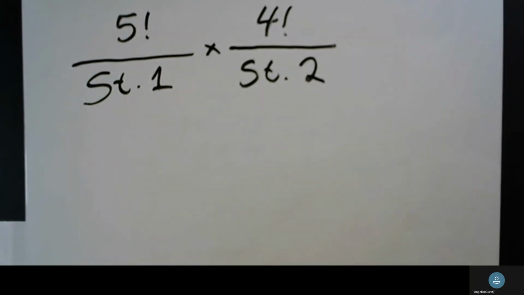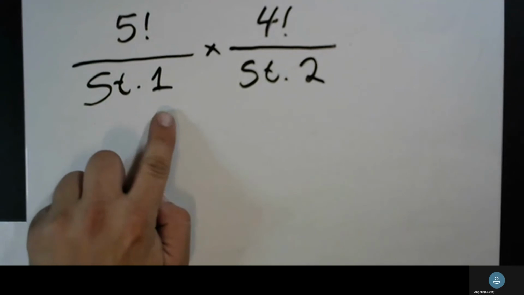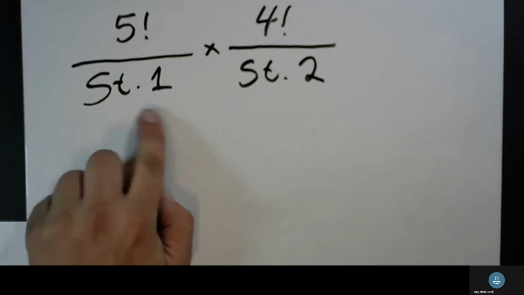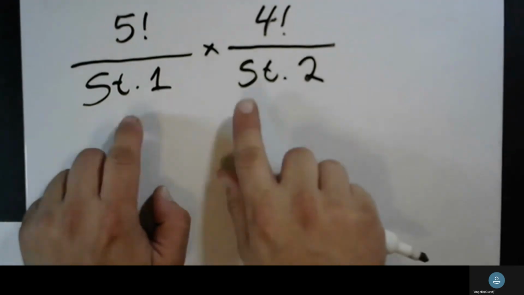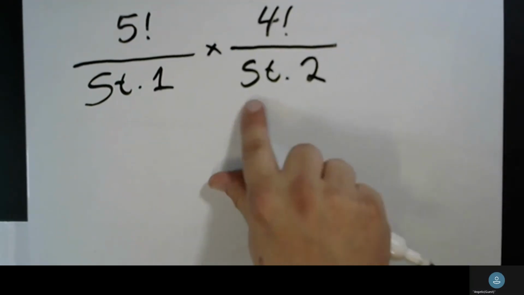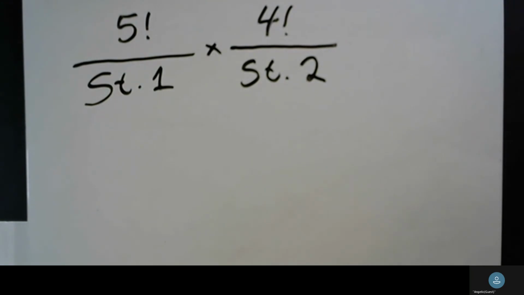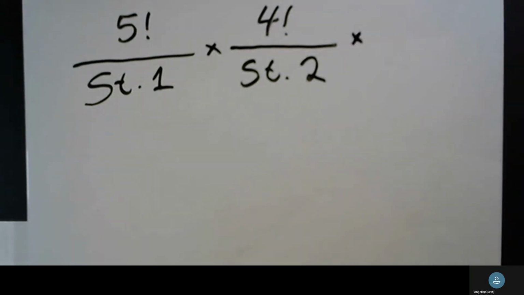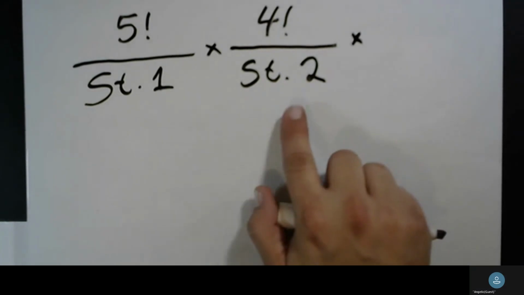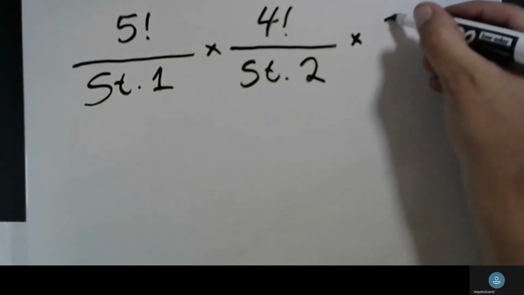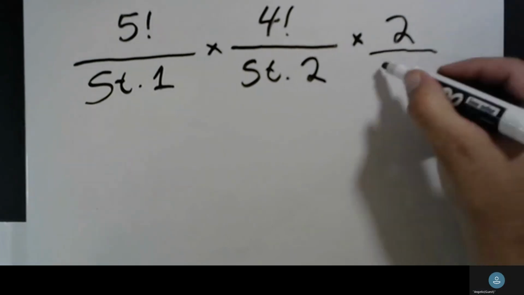We could say, okay, all the women stand up, and arrange yourselves into a particular order. Then all the men stand up and arrange themselves into a particular order. And then finally, we have 2 options. Do we put the men at the beginning, or the women at the beginning? And so we get a ×2 for our stage 3.